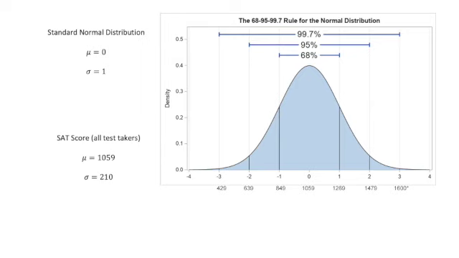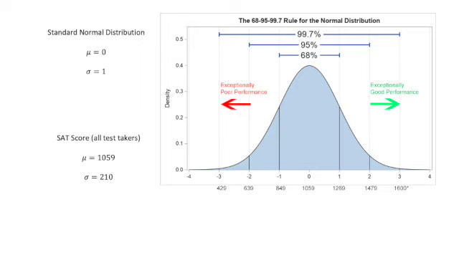Now recall that for statistical significance, we're usually using that 95% benchmark. In other words, to be considered statistically significant, or exceptionally different than the average test performer, you would have to be beyond the 2 standard deviation mark. That is, you'd have to be away from 95% of the test takers for the SATs.